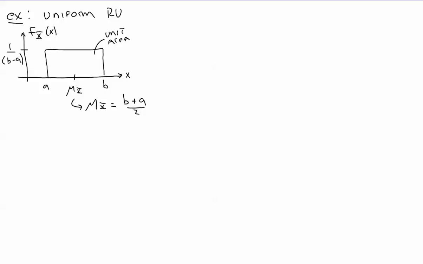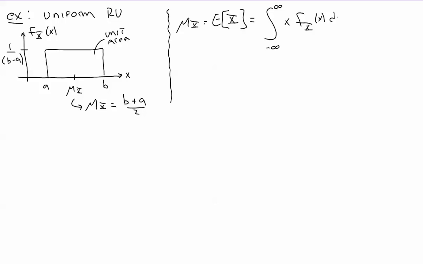My expected value, my first moment, is the integral from minus infinity to infinity of x times the probability density function of x. In this case, it's going to be an integral from a to b of x times 1 over (b minus a).